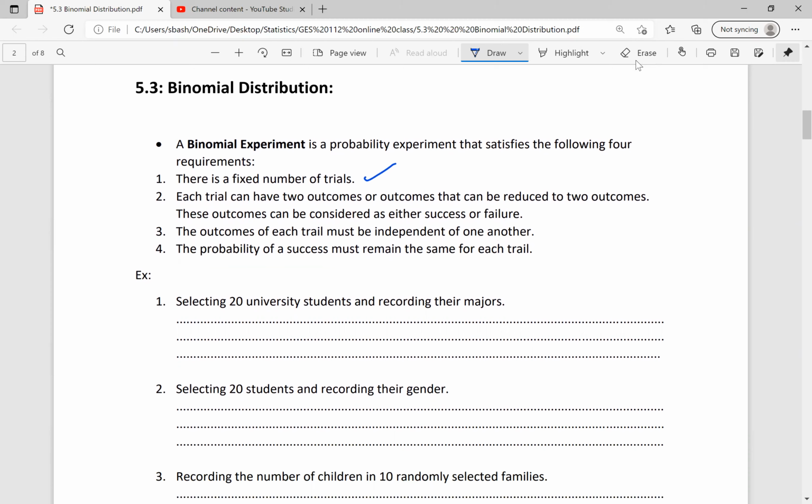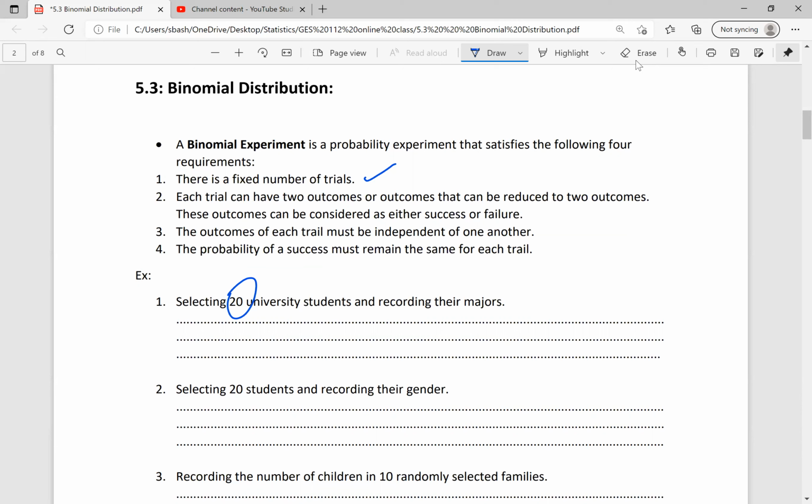The question will be, I have 20 students, but what are the outcomes? Because we are recording the majors. So the majors can be math, physics, chemistry, business, mechanical engineering, or electrical engineering, or whatever.